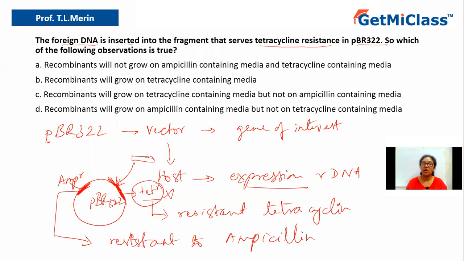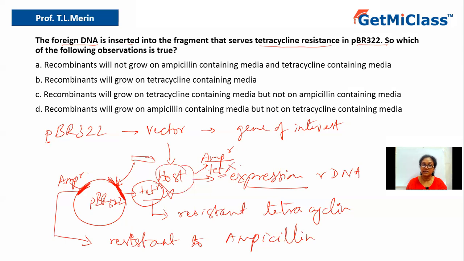So now this recombinant DNA, which is carrying our gene of interest, when introduced into the host, what will happen? This host will be resistant to ampicillin. It will have the active ampicillin resistant gene, whereas it will not be resistant to tetracycline. So the recombinant will be able to grow in ampicillin containing medium, because it still has its ampicillin resistant gene intact.